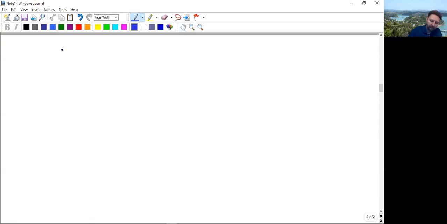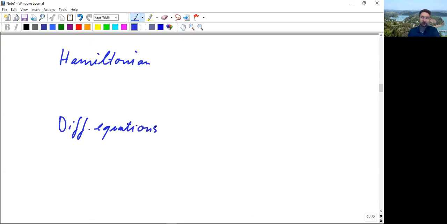So we have here the Hamiltonian. And down here we have the differential equations of motion. And this derivation step is using the Poisson bracket. And how does it do it?